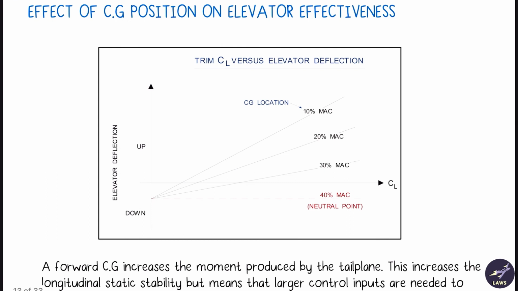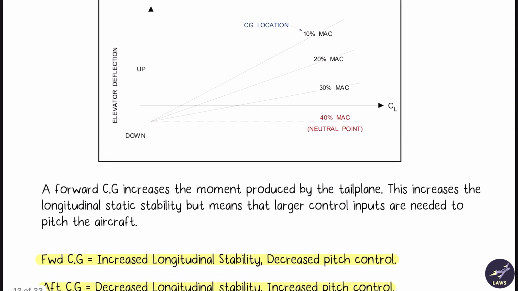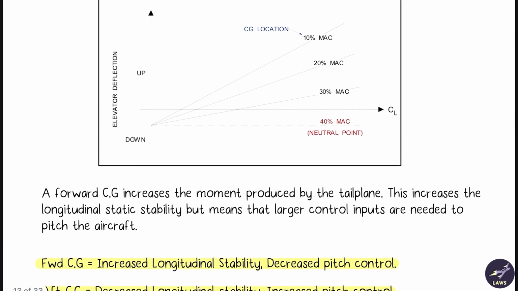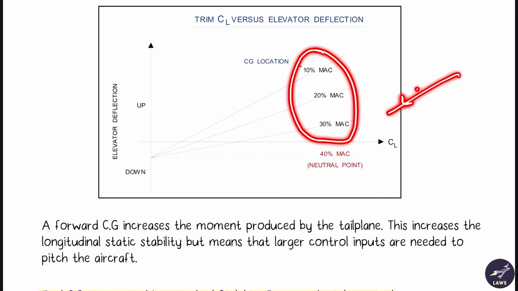Next is the effect of CG on elevator effectiveness. So at forward CG positions, you have a natural tendency to pitch the nose down automatically. So the aircraft has a natural tendency to pitch down.